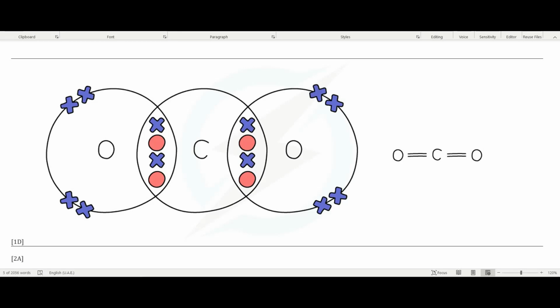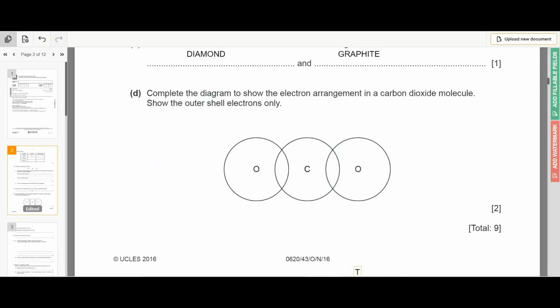Now we're looking at a complex molecule, which is carbon dioxide, and you already know that carbon dioxide is a covalent compound, because a covalent compound only involves non-metal atoms, and thus they share electrons. You can see the sharing is happening. The carbon and oxygen atoms are sharing electrons, and this will be the electronic structure you are required to draw in your examination paper, so you can secure 2 marks.